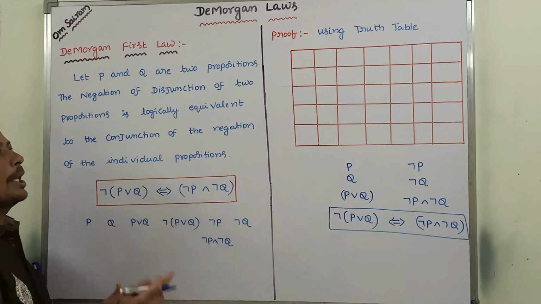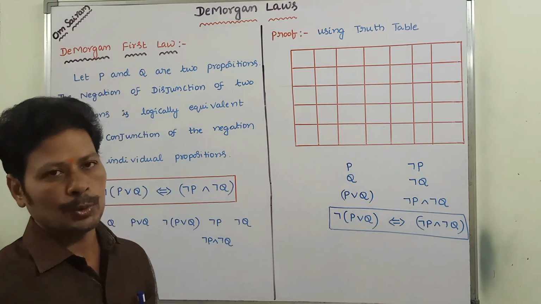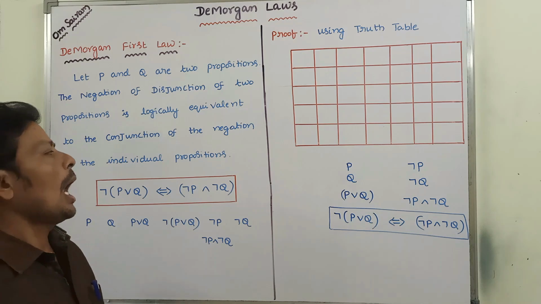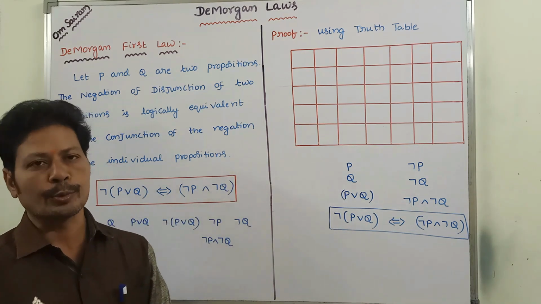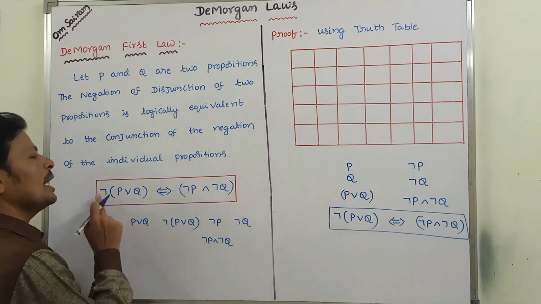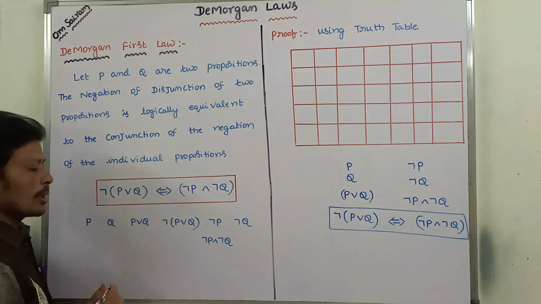Now these individual components can be written in the truth table. How many rows are present in the truth table? How many propositions are there in De Morgan's first law?